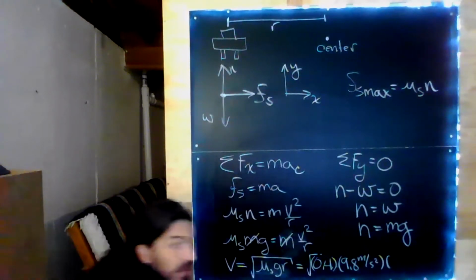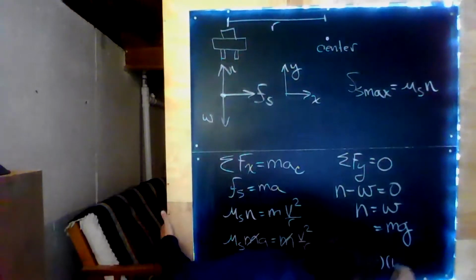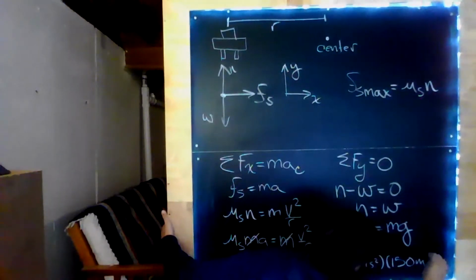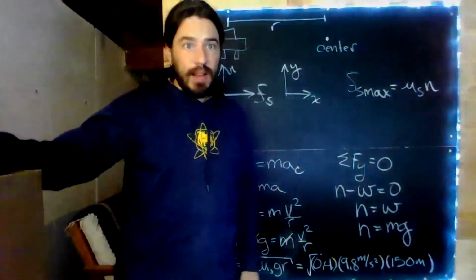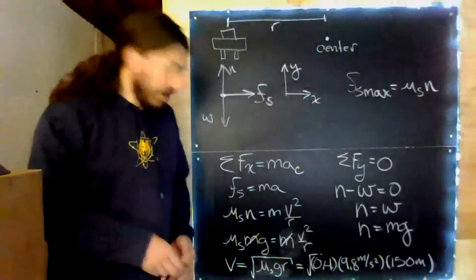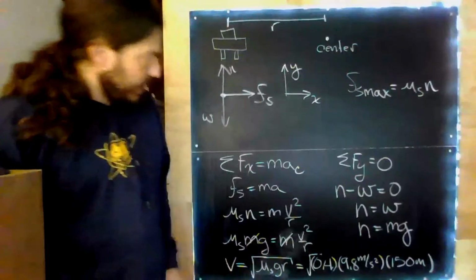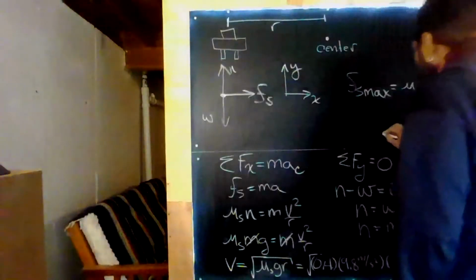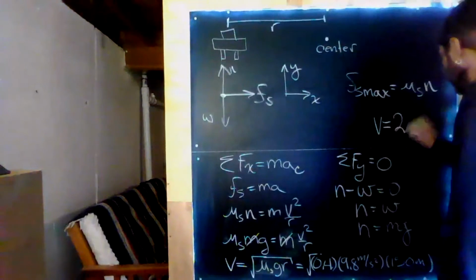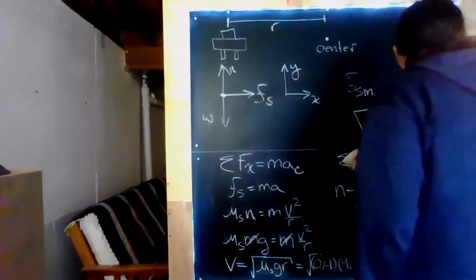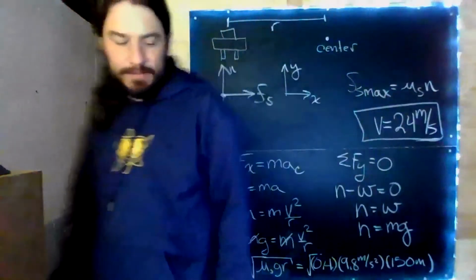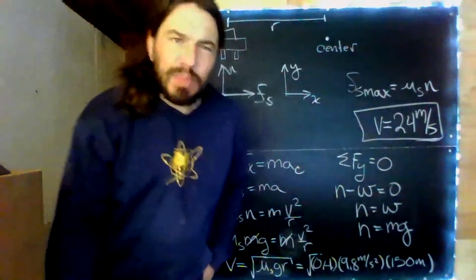What did they tell us r was? 150 meters. And now, when I run my calculator, I get, and I'm out of room down here, so we'll write my answer up here. V equals 24 meters per second.